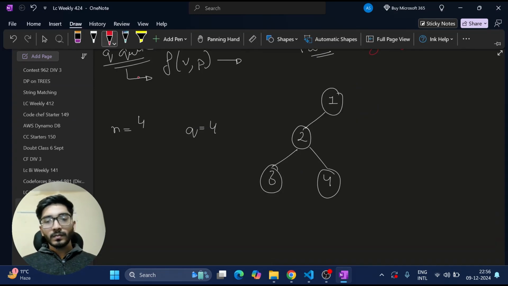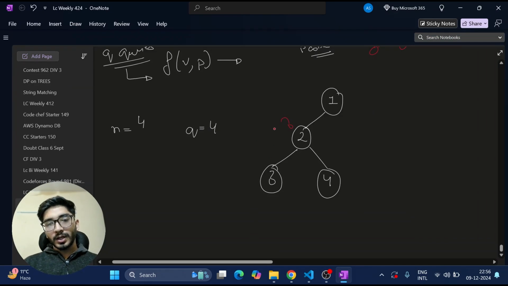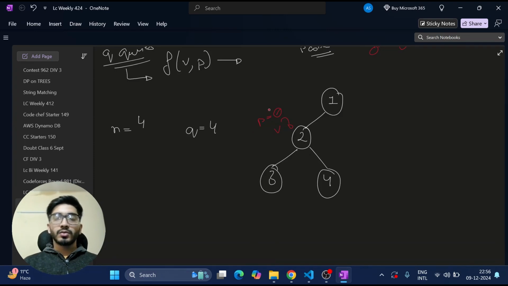We are going to start from this node, this is our v, and we have p equal to 0 coins. In the first step we move towards vertex 1, so we reach vertex 1 in just one step. For the query 2 comma 0, our answer is 1.